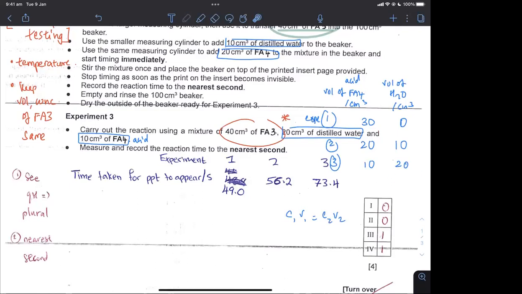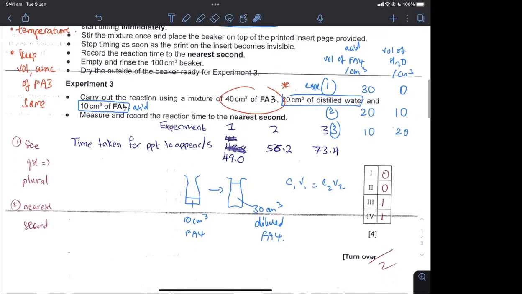You're going from here to here. If you have 10 cm cube of the FA4, now you have 30 cm cube diluted FA4. So this is going to be less concentrated than this because you have just added water, it becomes diluted. Hopefully you can understand the idea of dilution there.